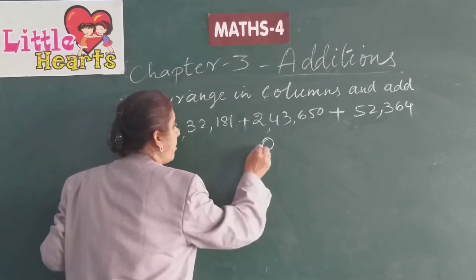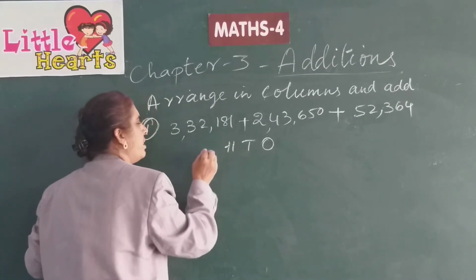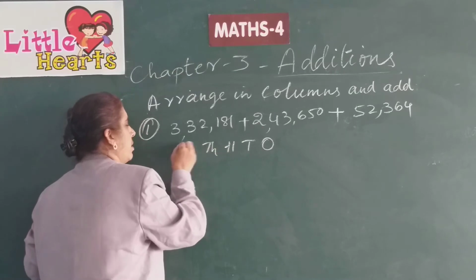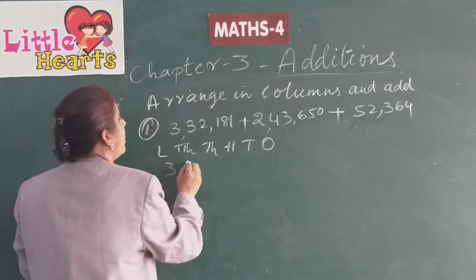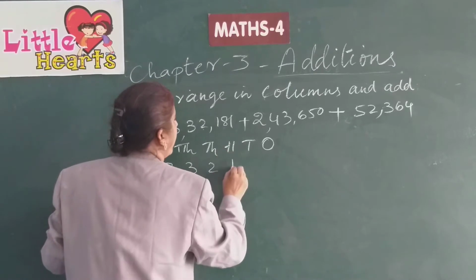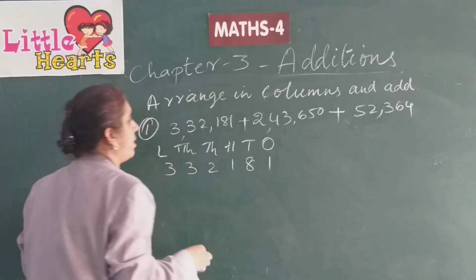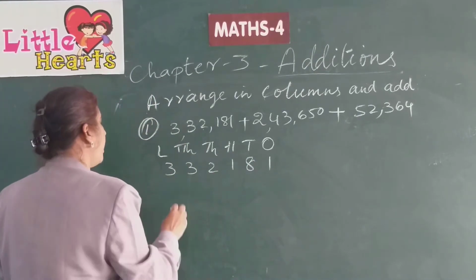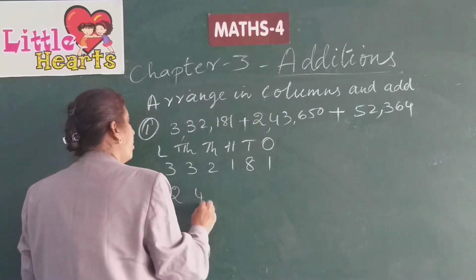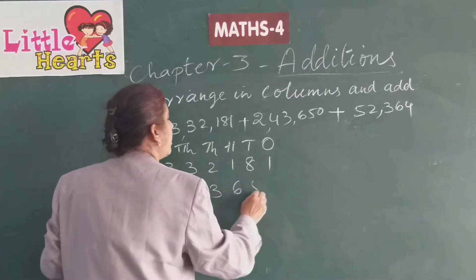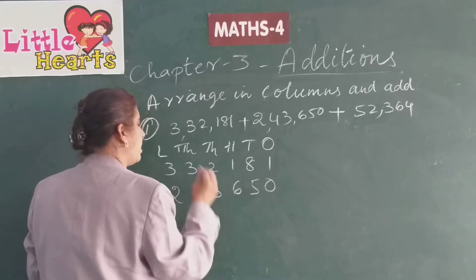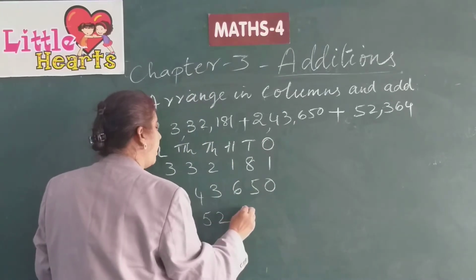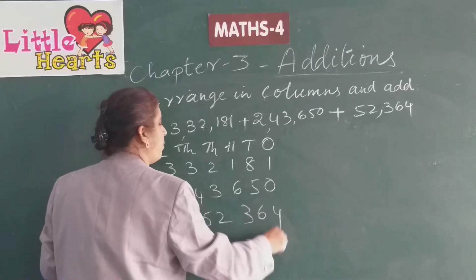Now arrange them according to the places. First one is 3,32,181. Second one is 2,43,650. And the next one is 52,364.